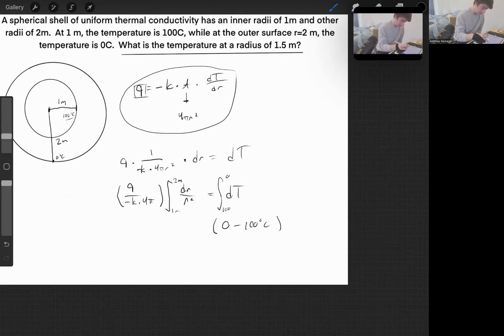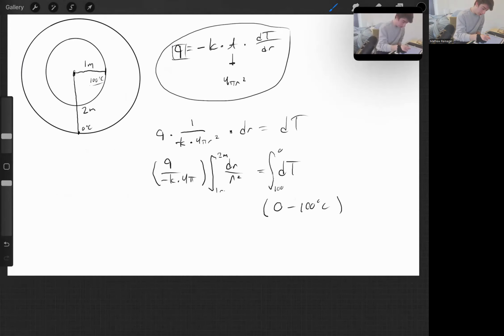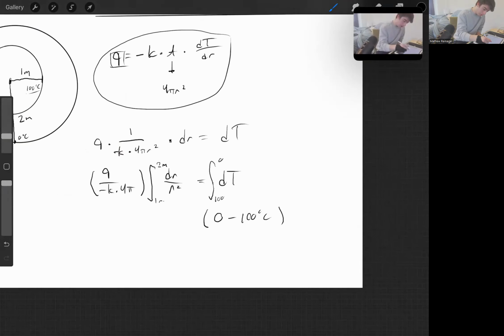And then over on this side, we're going to do the integral of 1 over r squared, which is negative 1 over r. That is the integral. And then we're going to have our bounds be from 2 to 1.